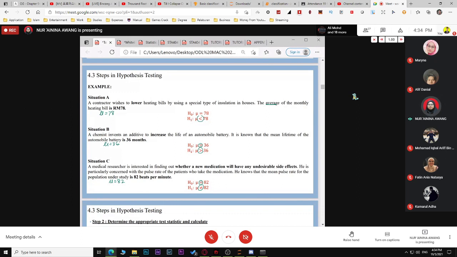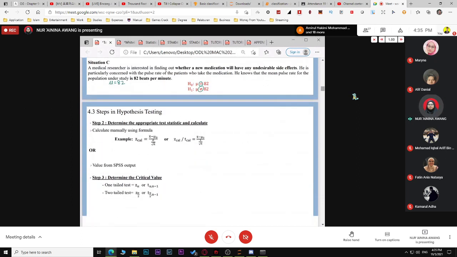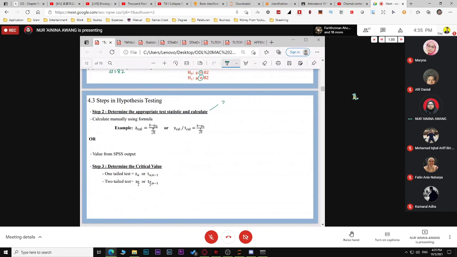So we look at the second step. Okay, so the second step is to determine the appropriate test and calculate. Okay, so macam I mentioned, we have three methods. Either you want to use by traditional, okay, so this is the first method, by traditional or formula.